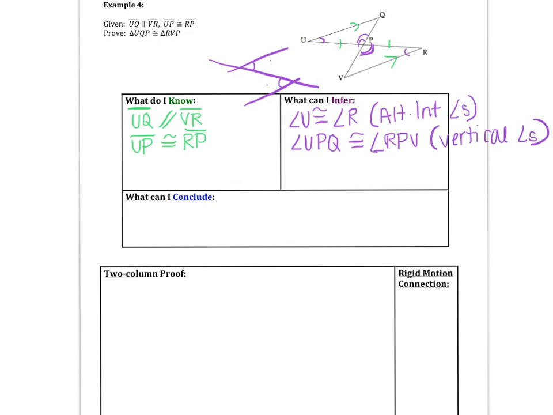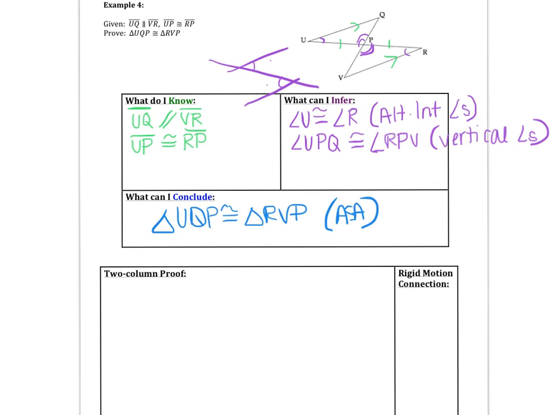All right, so now I have two angles and a side, and I see that the side is in the middle, so it is angle, side, angle. So I'm ready to conclude that triangle UQP is congruent to triangle RVP.